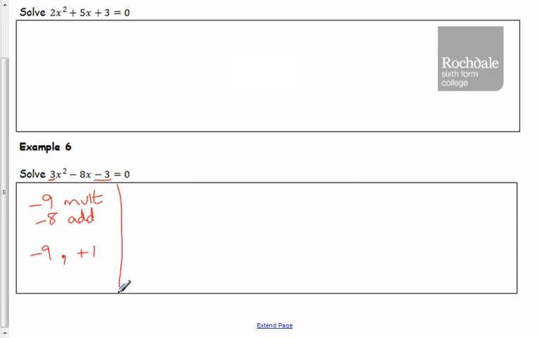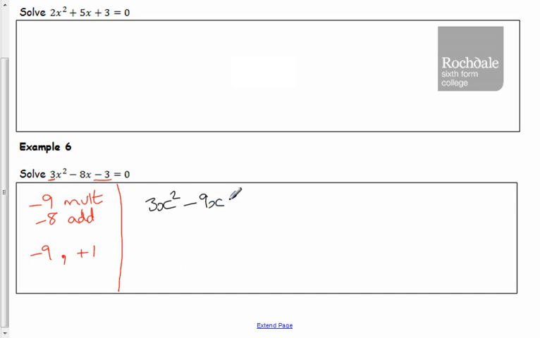So in the partition method, having identified our two numbers, we then partition the middle term, leaving everything else alone. So this middle term, it doesn't matter what order I write these in. I could put the minus 9 first, then the plus 1, or the other way around. But I would recommend, if there is a positive term, putting that one second.